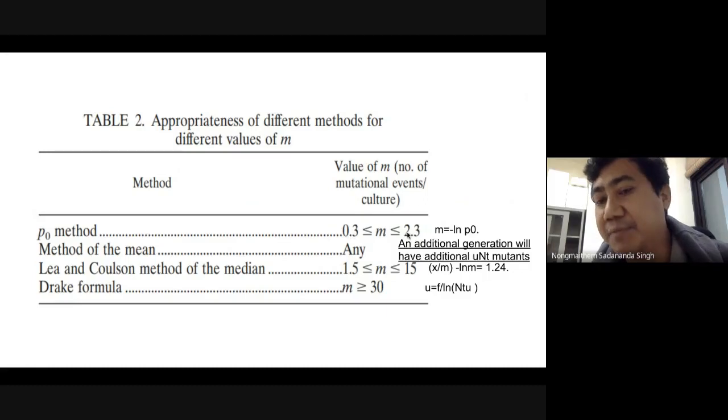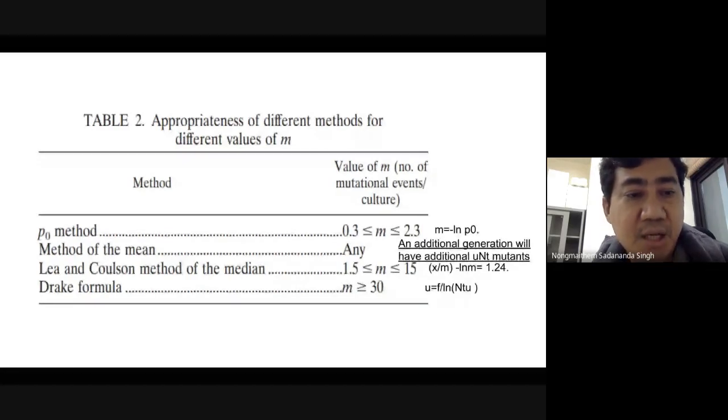If it is above 2.3, it is much less reliable. So M is equal to minus natural log of P0. That is the P0 method of calculating mutation number, which can be utilized for calculating mutation frequency. Then there is another very popular method that is called the method of the mean.